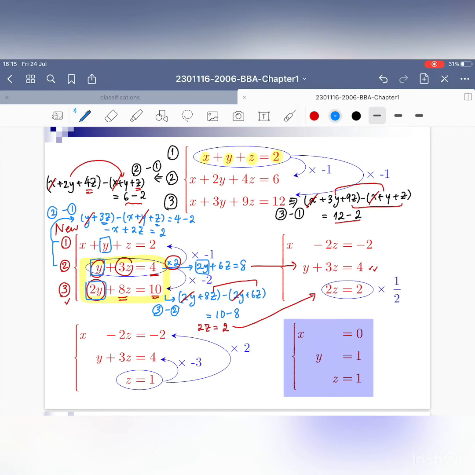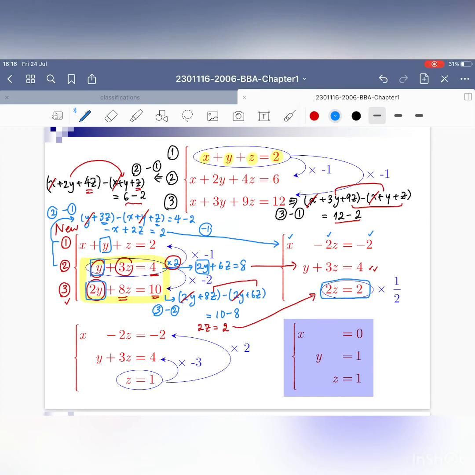And you may say that, hey, it is the same as what? You multiply by negative 1 again. It is the same as x minus 2z equals negative 2. All right, so after that, this one contains only a single unknown.